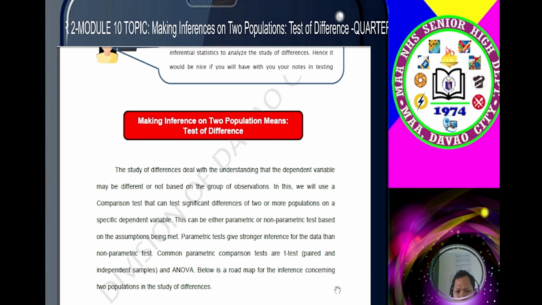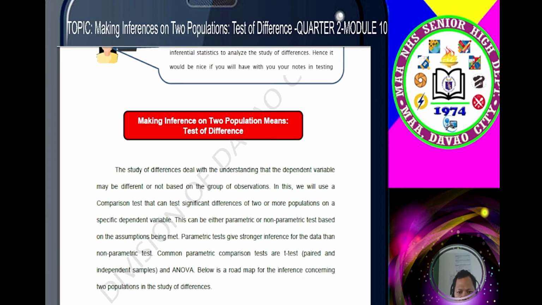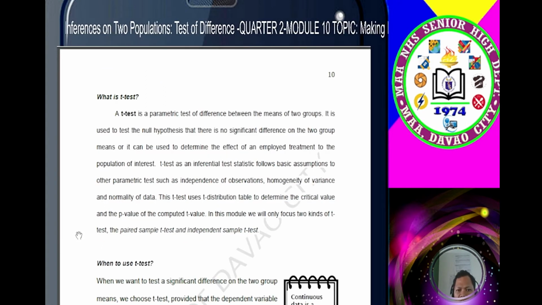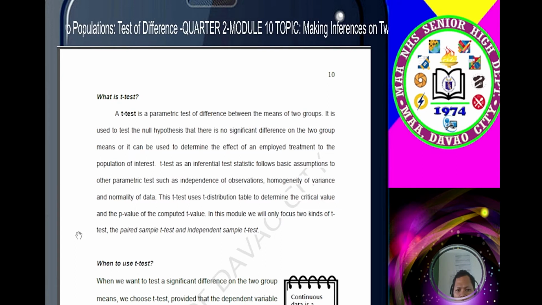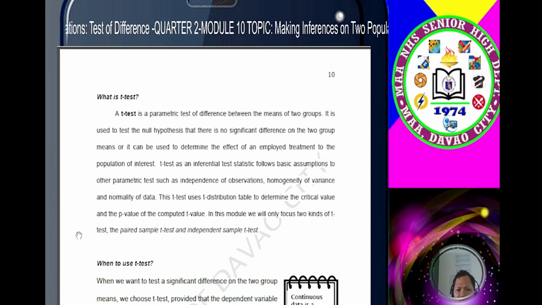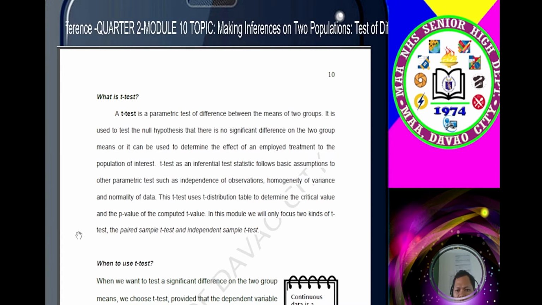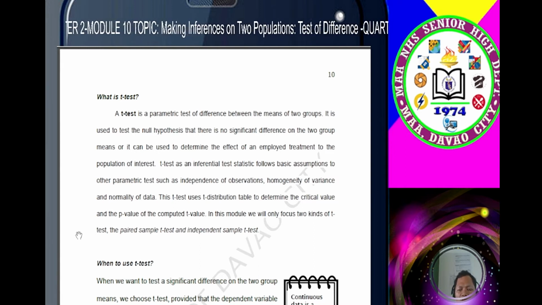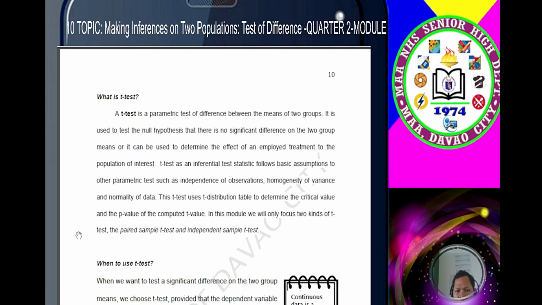Below is a roadmap for inferences concerning two populations of study of differences. What is a t-test? A t-test is a parametric test of difference between the means of two groups. It is used to test the null hypothesis that there is no significant difference between the two group means, or it can be used to determine the effect of an employed treatment on the population of interest.